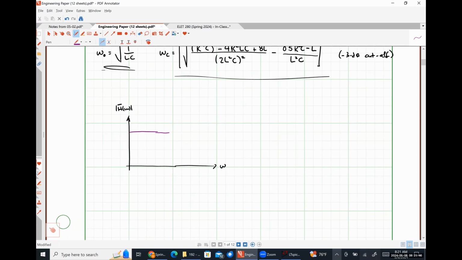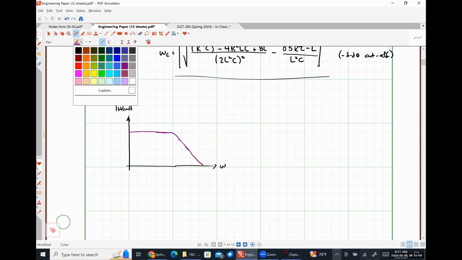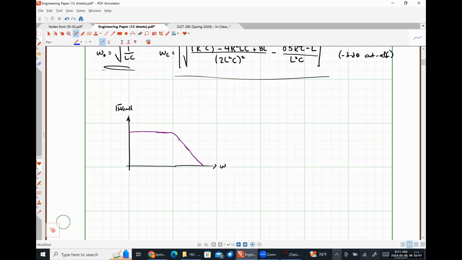It would be something like this. May make this a little bit less steep. For a second order circuit, we might see something that looks like this.